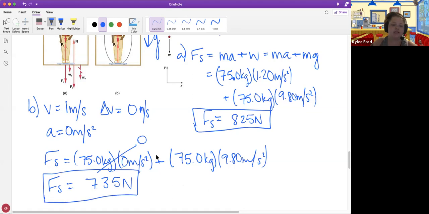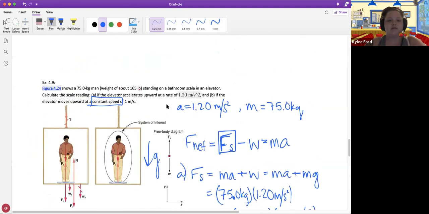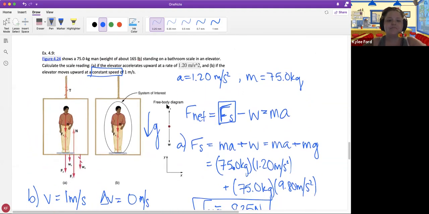Okay, so again, this is when there is an acceleration in the elevator, or the elevator is accelerating. This one here is when there is no acceleration by the elevator. All right, so hopefully that made some sense.